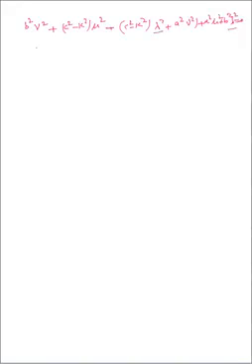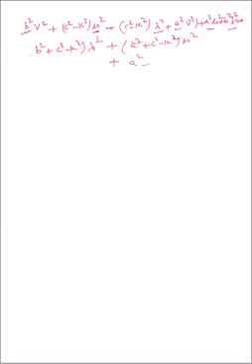It is b square plus c square minus k square into lambda square, plus mu square terms, a square plus c square minus k square into mu square, plus a square plus b square into nu square is equal to 0.